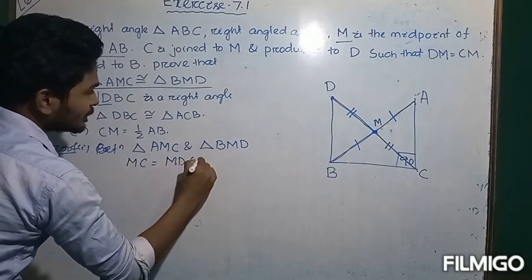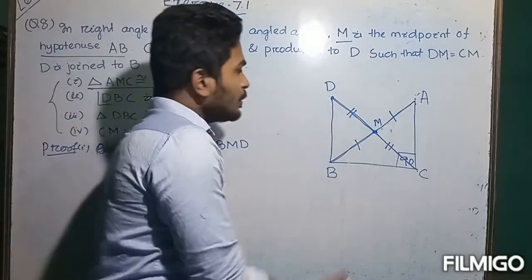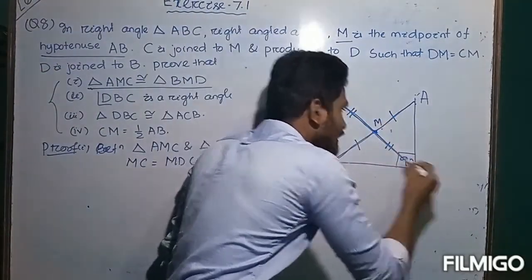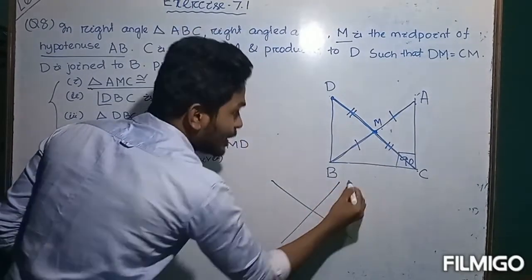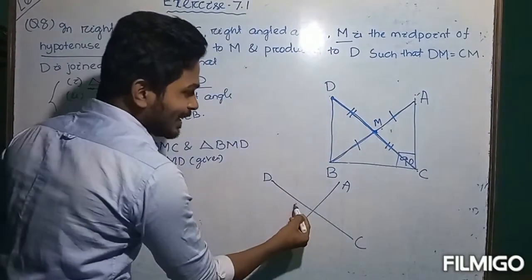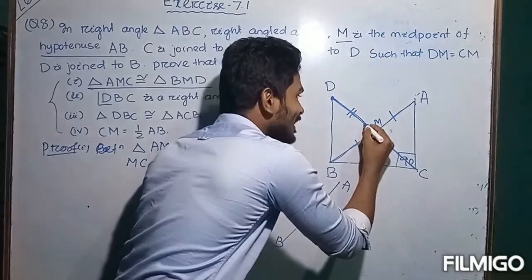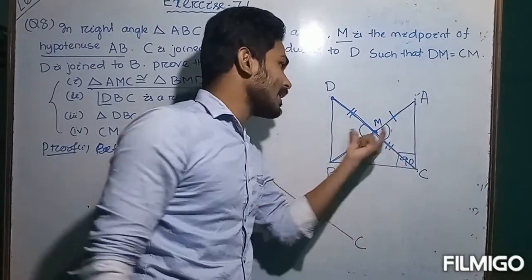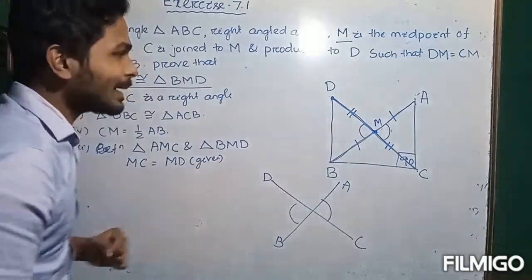It is given. Second thing, if this is a straight line DC, and this is another straight line AB, then these two angles are known as vertically opposite angles. We know the vertically opposite angles are equal in measure.